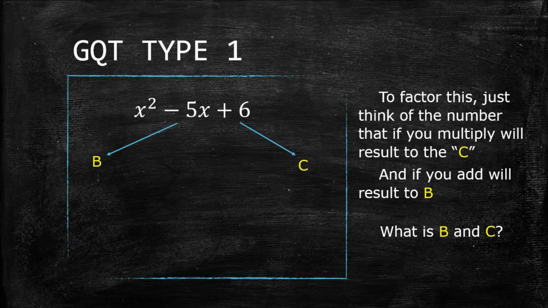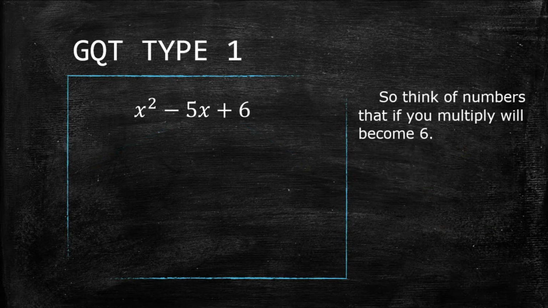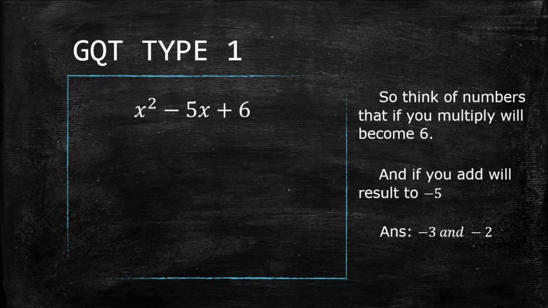So therefore, we'll be thinking of numbers that if you multiply is 6, which is the C, and if you add is -5, which is the B. And those numbers are -3 and -2.